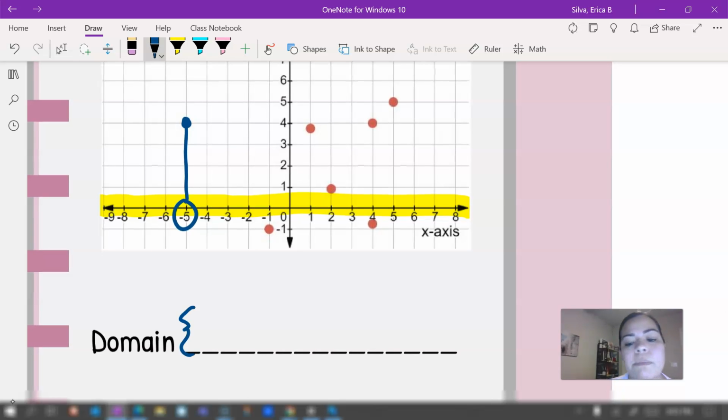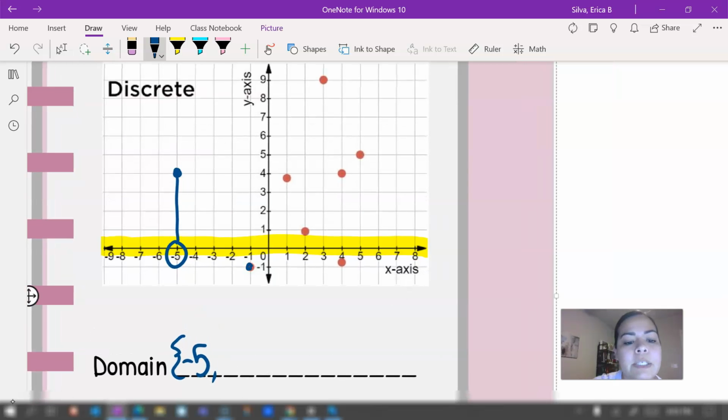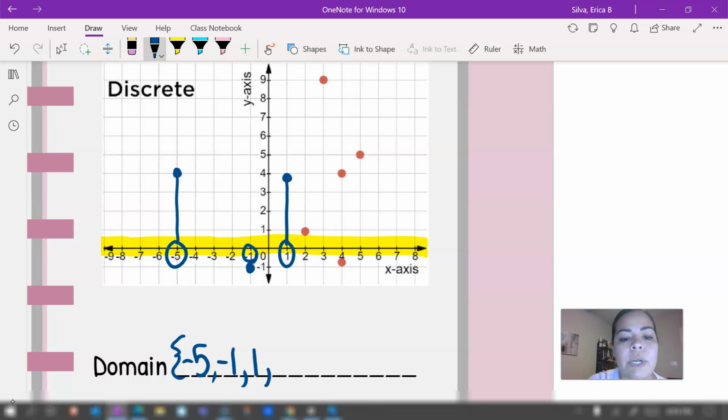Now, when you write domain and range, we start with our bracket. We always want to start with the lowest x value first, which is -5. We're basically starting from left and then going right. Next point is here, and the x value is at -1. My next point going from left to right is this one, and it has an x value of 1. This point here has an x value of 2.